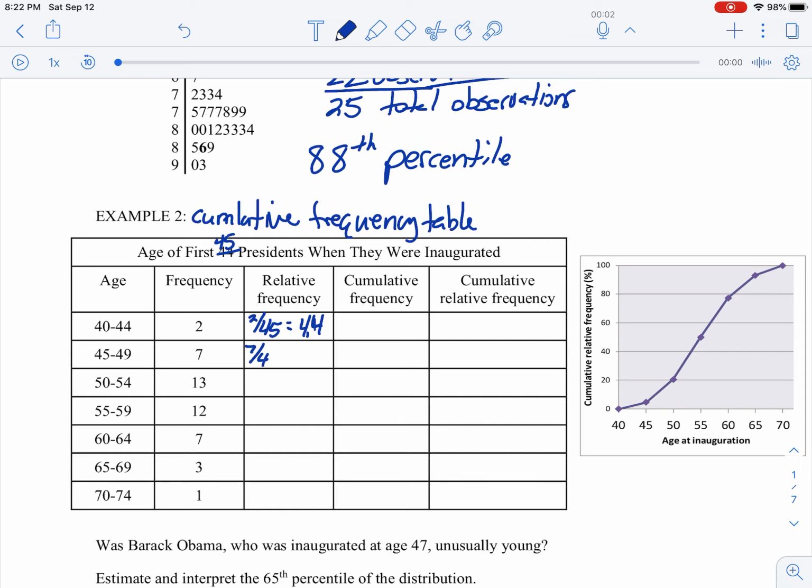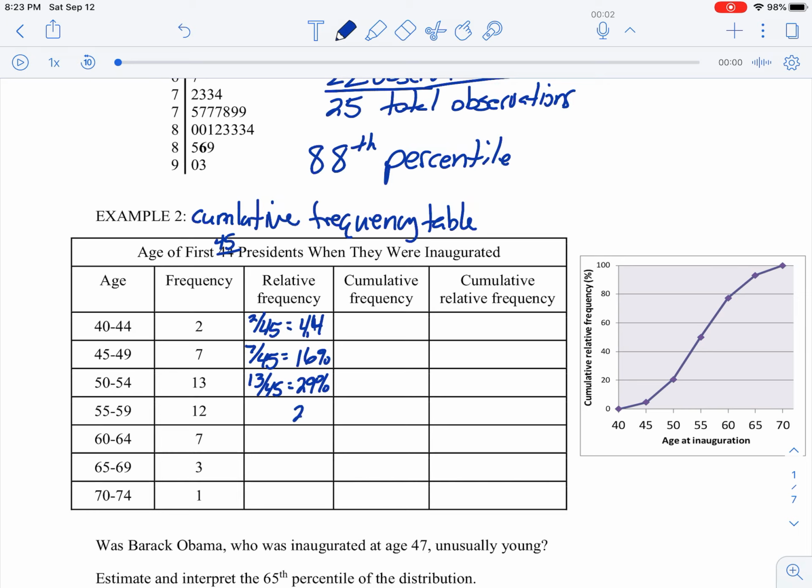7 out of 45. I'm going to round these off to whole numbers, so I'm going to go with 16%. And then we got 13 out of 45, which gives me 29%.